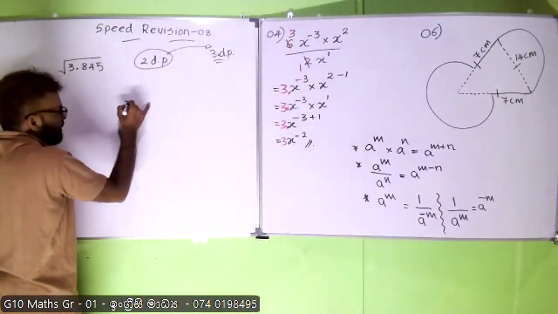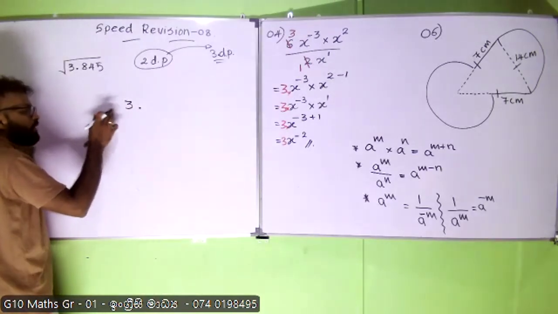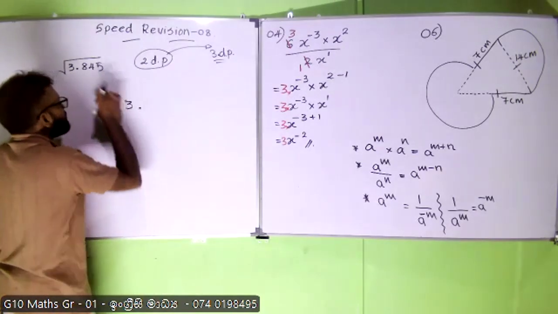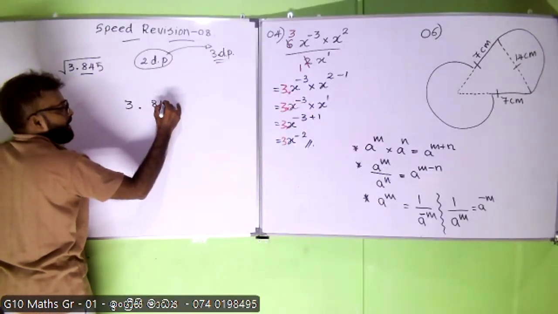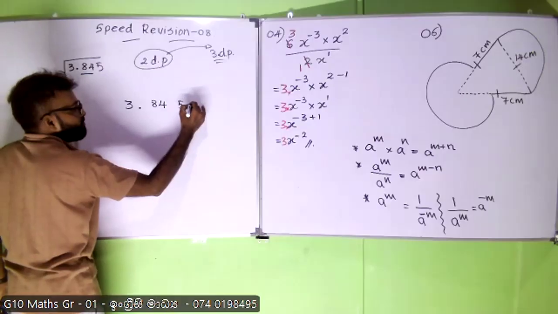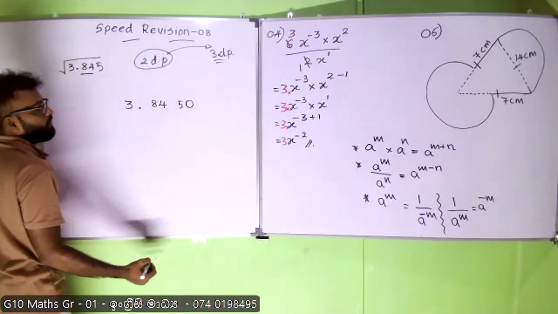So 3 is a single number, no need to couple, and in front of that you can put 0. Here the first two numbers are 84 and the next number is 5. So you need to couple this using the series.